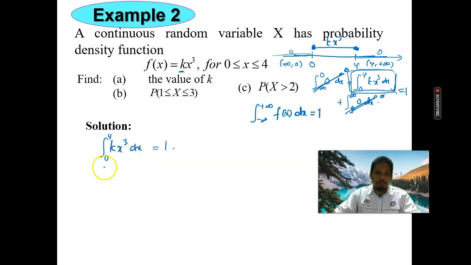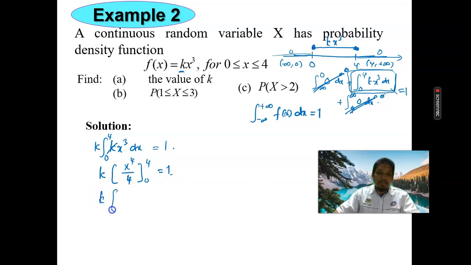Okay, so now take k outside. It's just a constant. So then k and integral of x cubed with respect to x gives you x to the power 4 divided by 4 from 0 until 4 equal to 1.